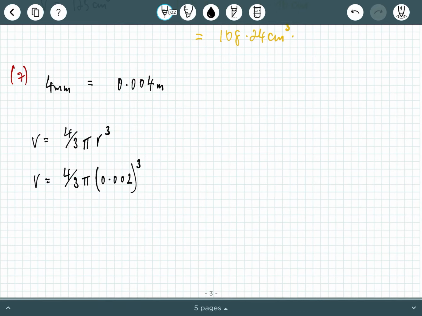Now, where's my calculator? Let me work this out for you. So we've got 4/3 pi times 0.002 cubed.